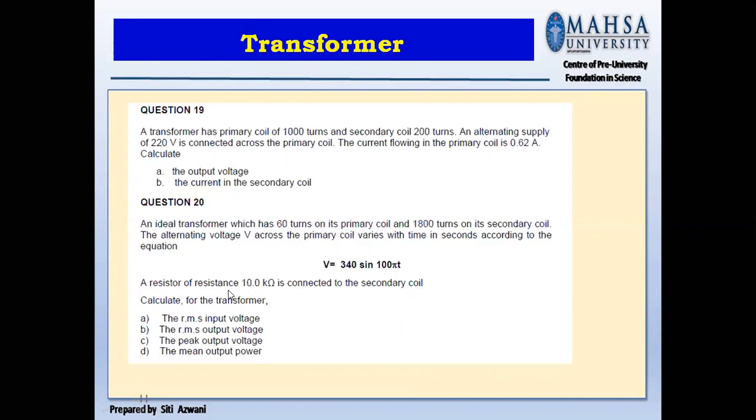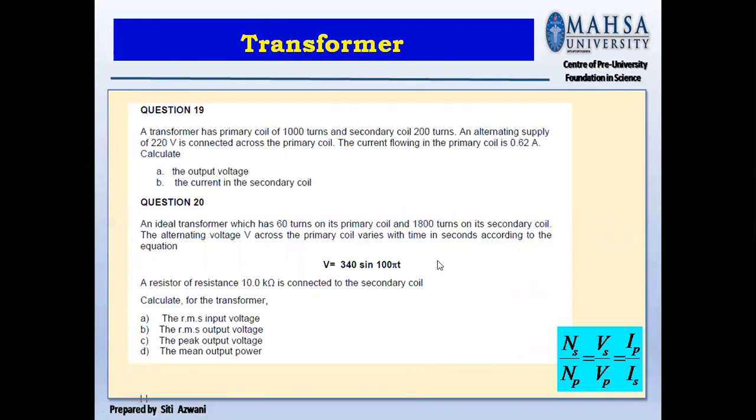Calculate for the transformer: the VRMS input voltage, the VRMS output voltage, the peak output voltage, and the mean output power.